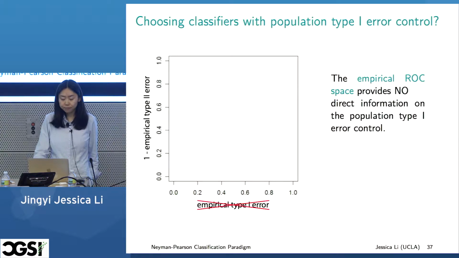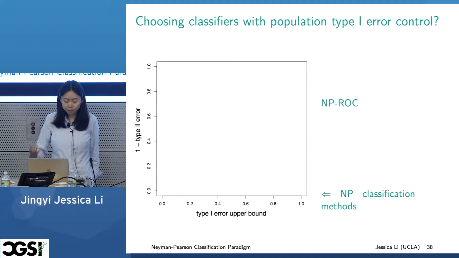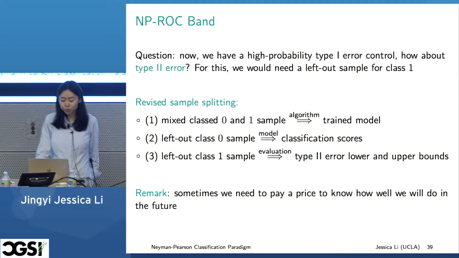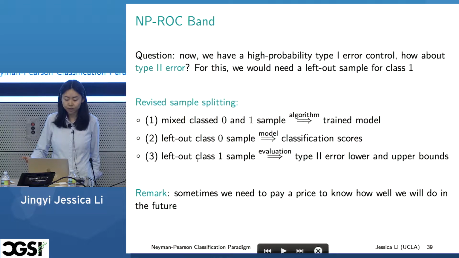We call this NP-ROC, which is specifically designed to compare classification methods under our paradigm. I'll just quickly go through this, but in order to plot it, you have to additionally leave out some class 1 sample. This makes sense because sometimes we need to pay a price to know how we will do in the future. If you want more information, you have to leave out more data from the training for evaluation purposes.